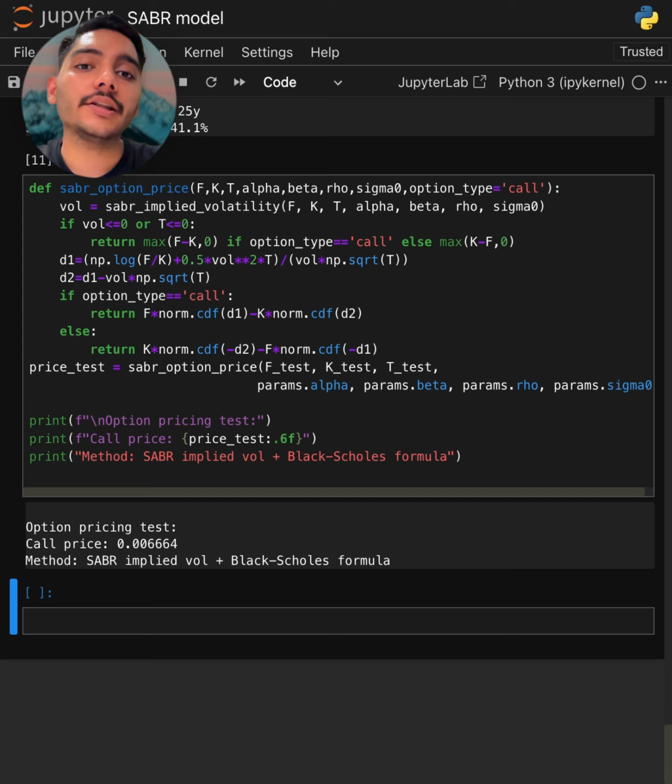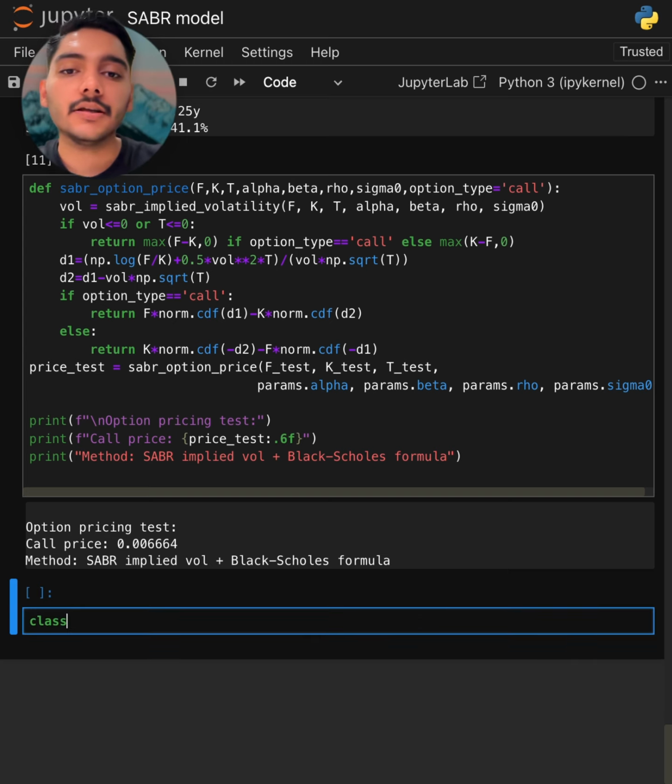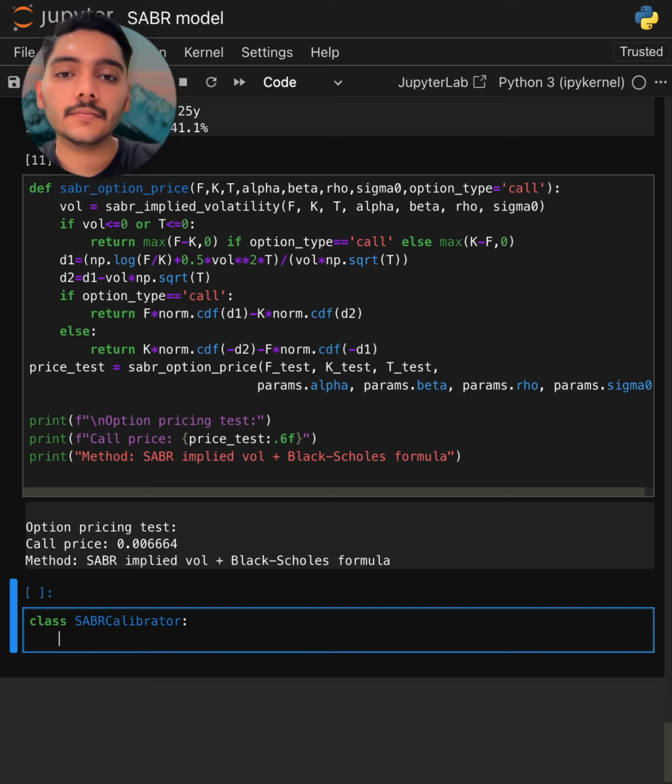So let's now write the main part, the calibration engine. So let me define the function name. I'll define the class SABR calibrator. So we'll calibrate a set of parameters to market data. We'll solve the inverse problem, market volatility, and then the parameters.